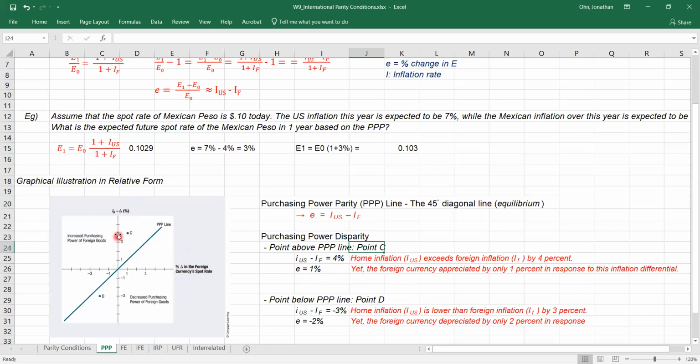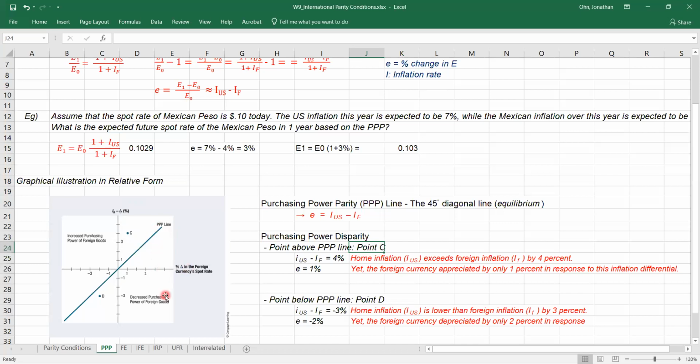Based on this information, relative inflation of 4%, the exchange rate percentage change is 1%. It is not a parity or equilibrium condition. They should be equal. So this point is supposed to move toward the PPP line until they are equalized.